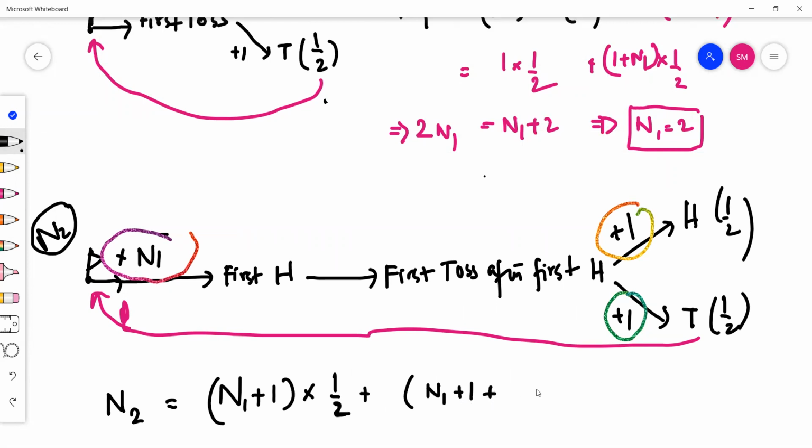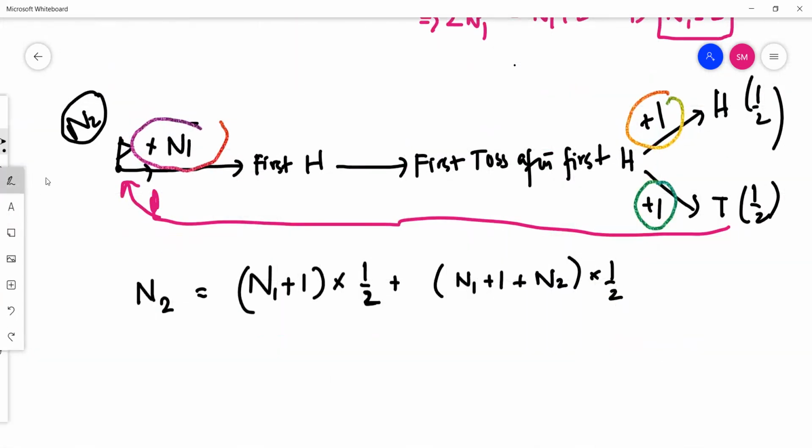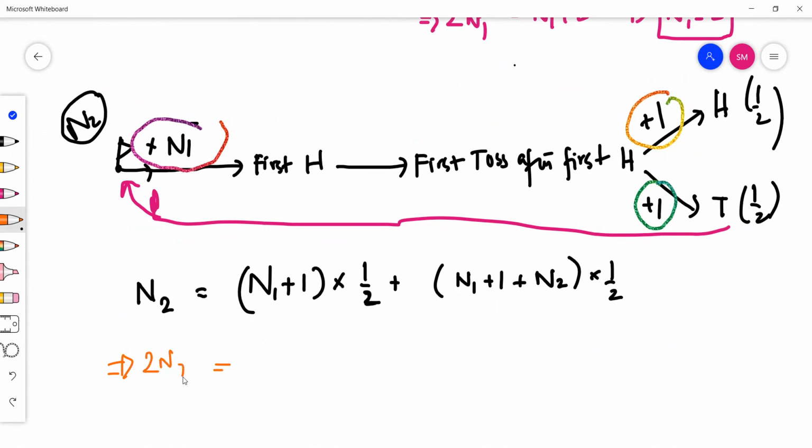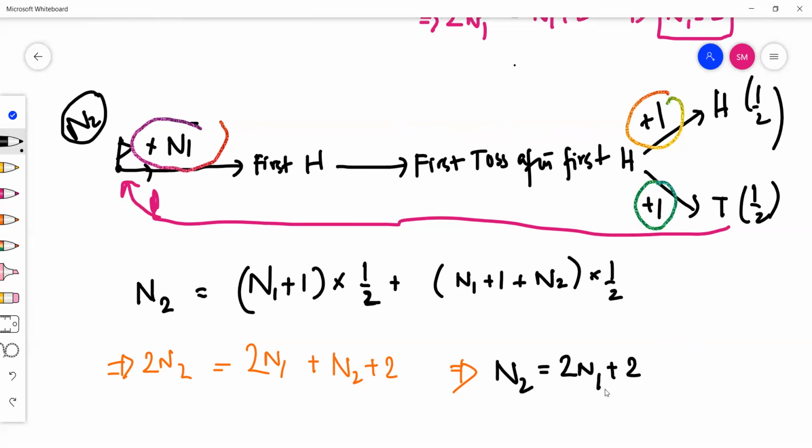To come back to the same place, you need n2, the actual number of steps, into probability half, right? So what do we get over here? Therefore it implies that twice n2 is equal to twice n1 plus n2 plus 2. It turns out that n2 is twice n1 plus 2. Lovely. Twice n1 plus 2.